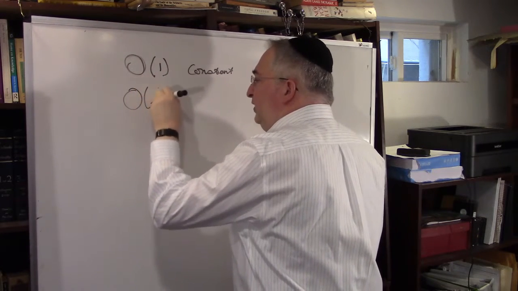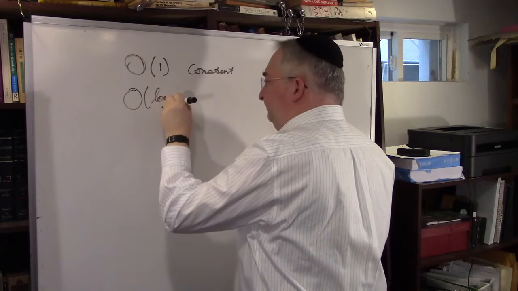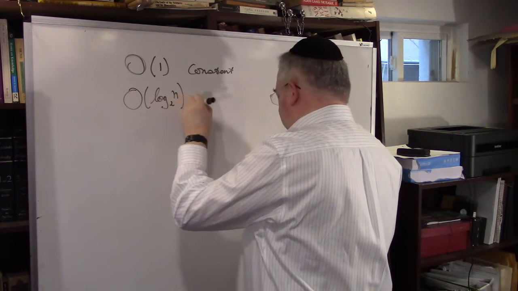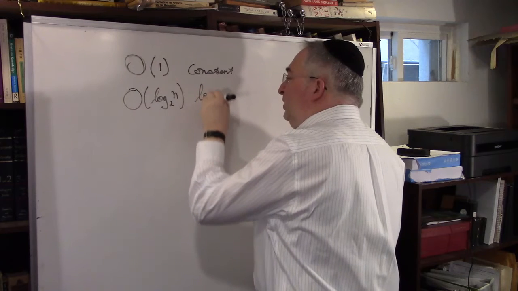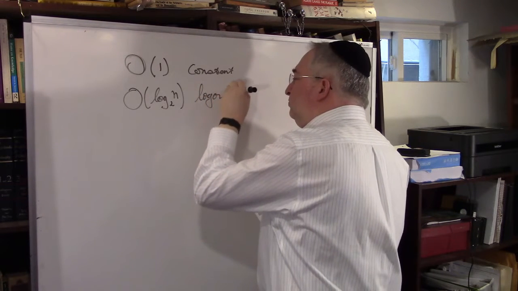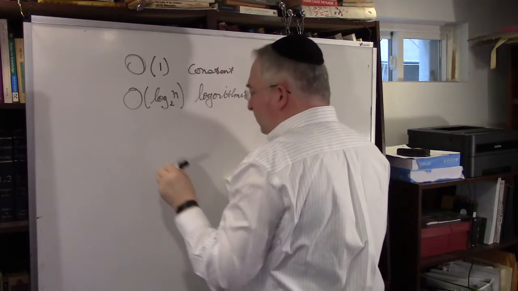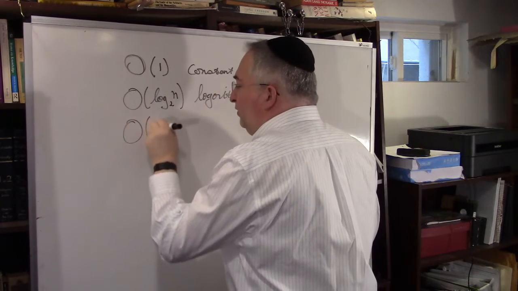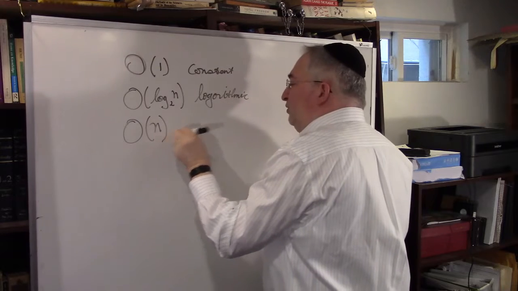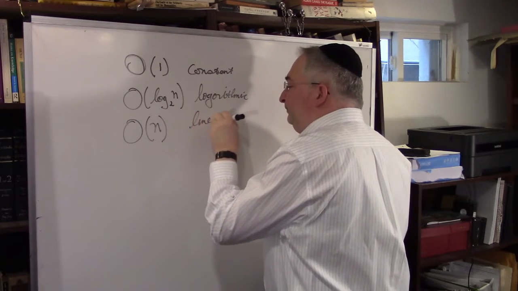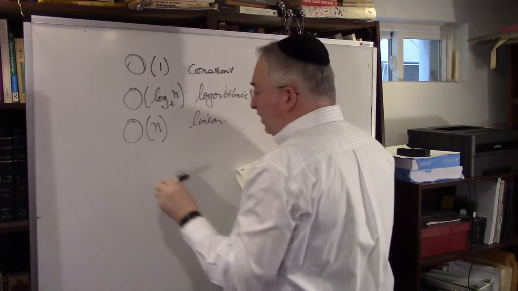Algorithms that run in this time are called logarithmic algorithms. Algorithms that run like this are called linear.